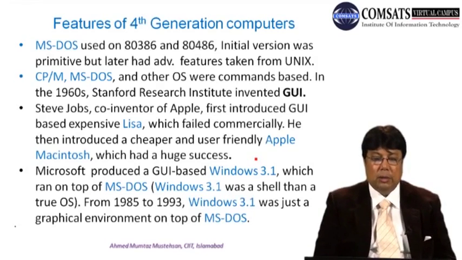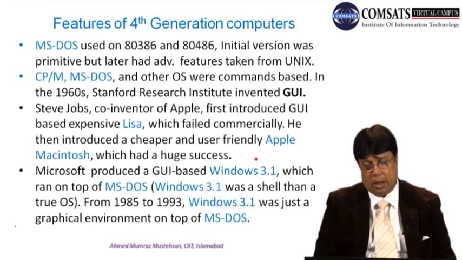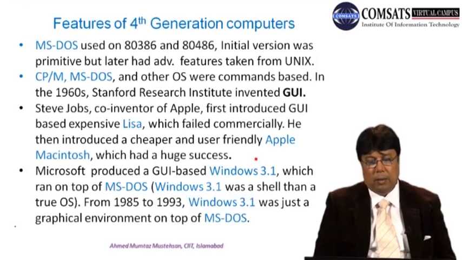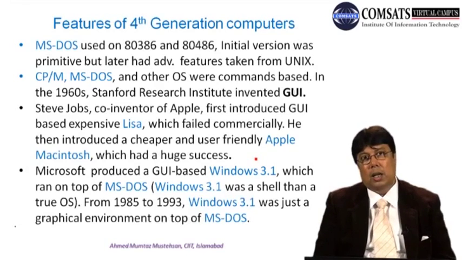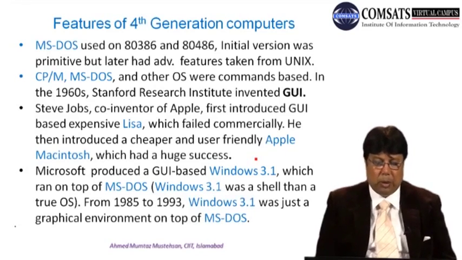That was a shell rather than the OS over it. Then from 1985 to 1993, this Windows 3.1 was on almost every IBM and personal computer, and was very popular.